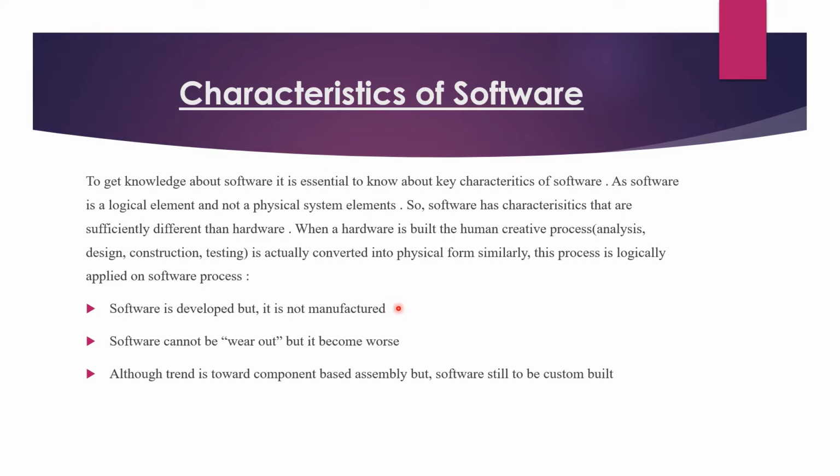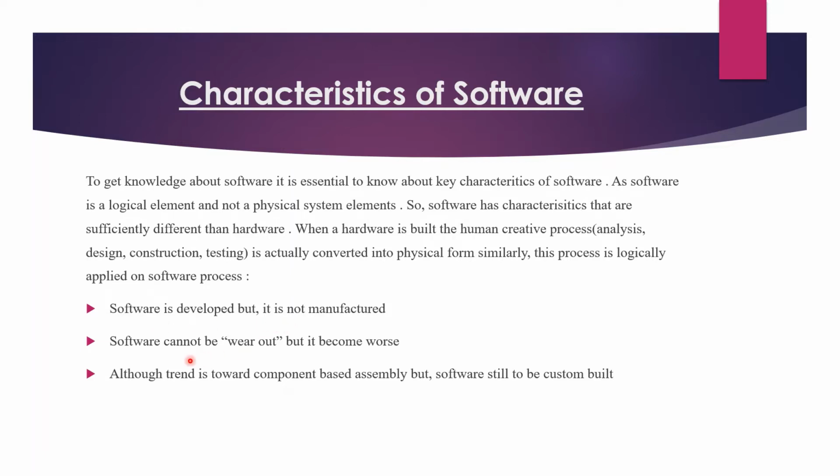In software, logical thinking is applied, while in hardware physical thinking is applied, and the people used in hardware are not similar to software, and their working performance is also different. So we conclude that software is developed but not manufactured.